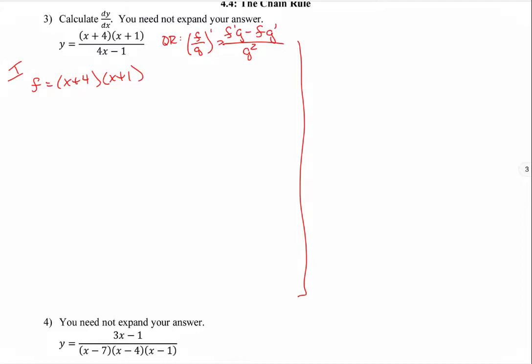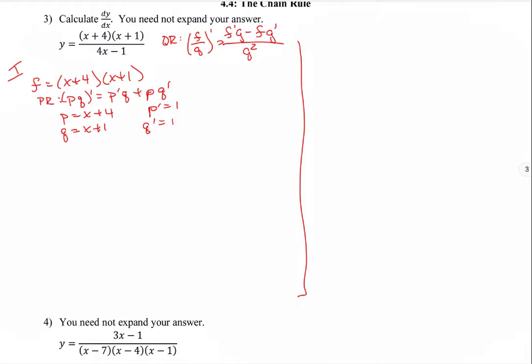In order to take this derivative, I have to use the product rule: pq prime is p prime q plus pq prime, where p equals x plus 4 and p prime equals 1, and q equals x plus 1 and q prime equals 1.